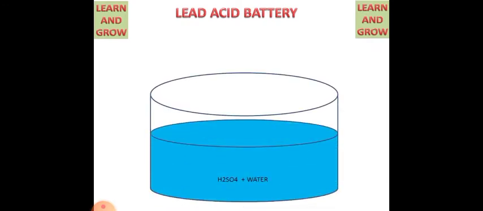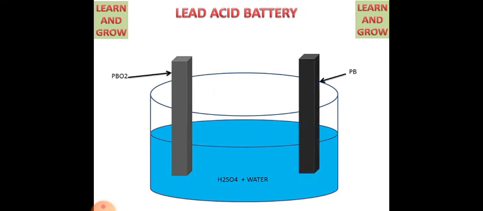Here is the solution of H2SO4 and water. Now next is PbO2 and Pb. We are connecting these two with the help of wire, and we are connecting a bulb between them.